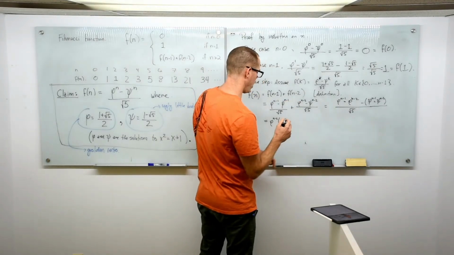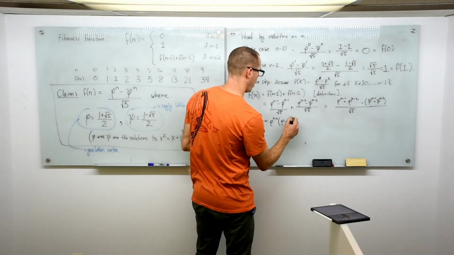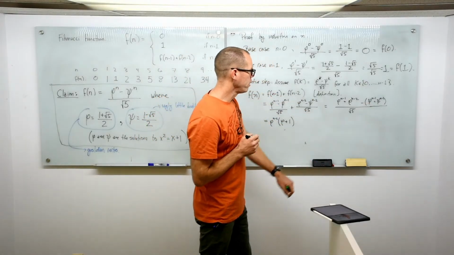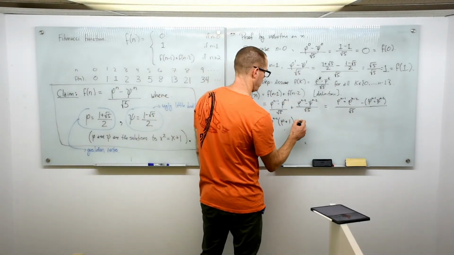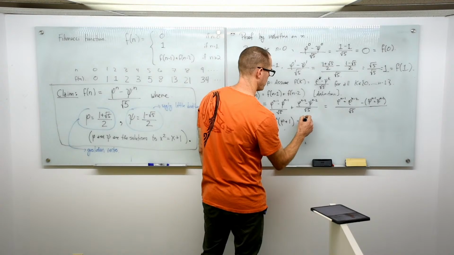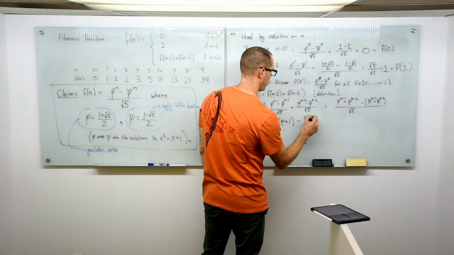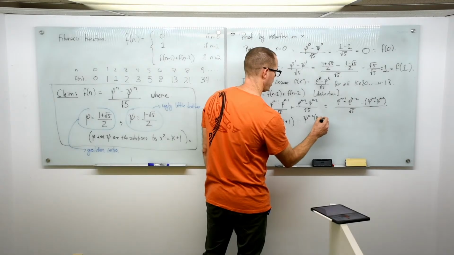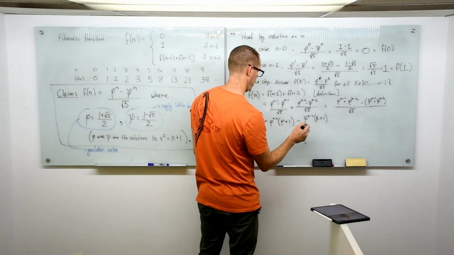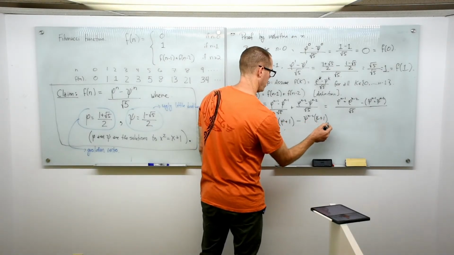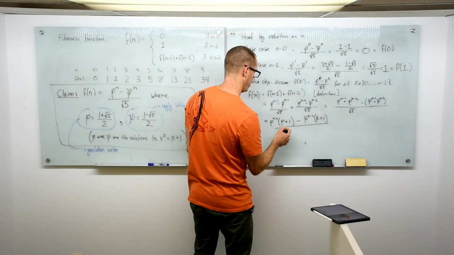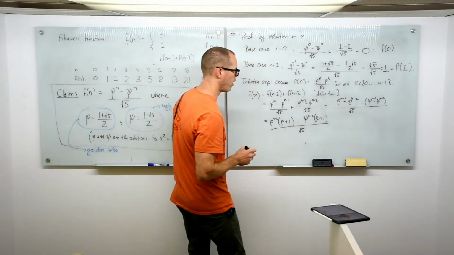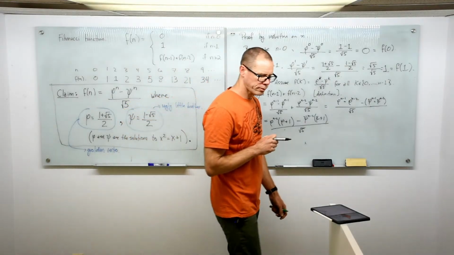But to get this other one, I just need to multiply it by 1. And I'll do the same thing to these. So this is psi to the n minus 2 times psi plus 1. And still, everything is over square root of 5.